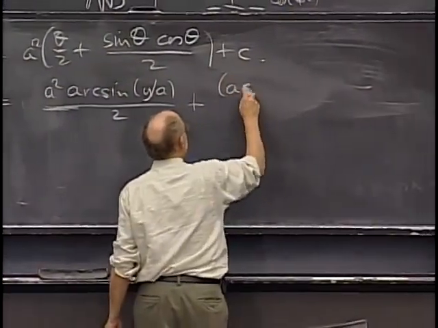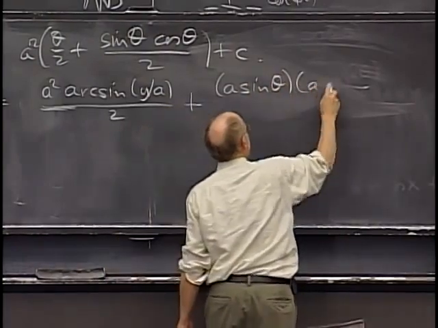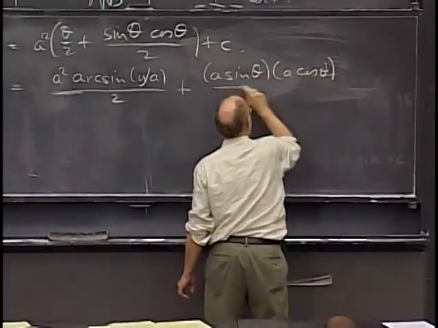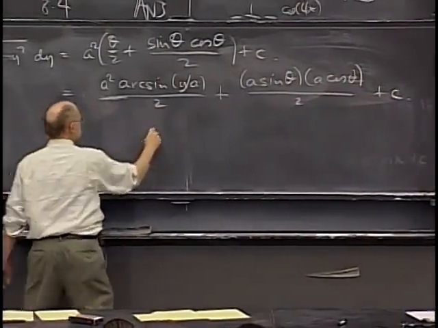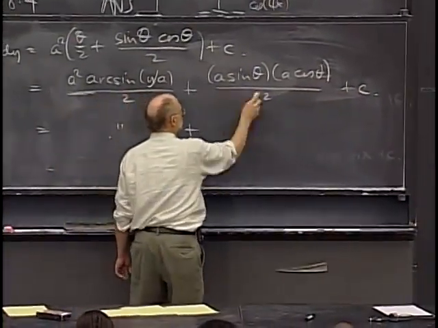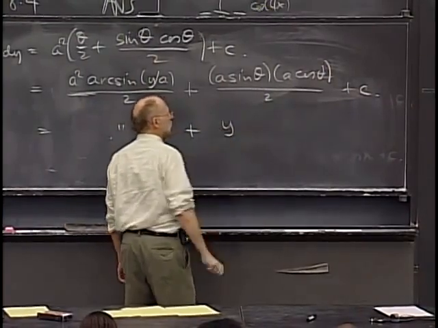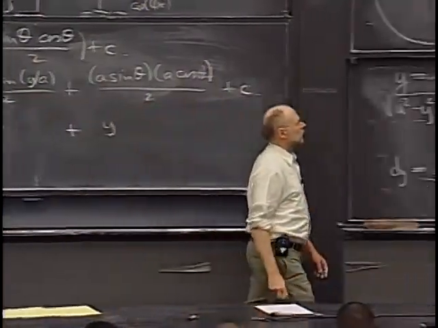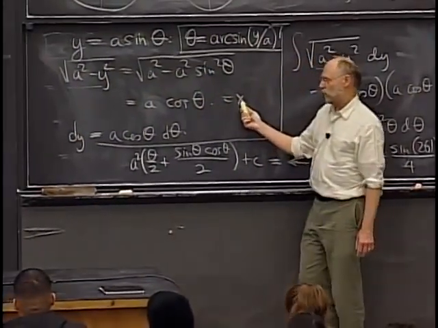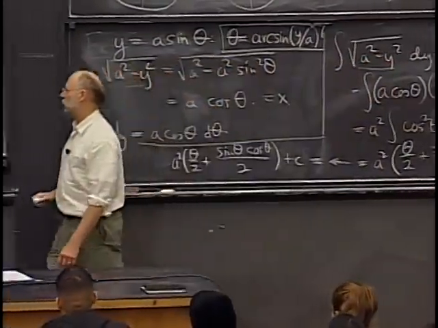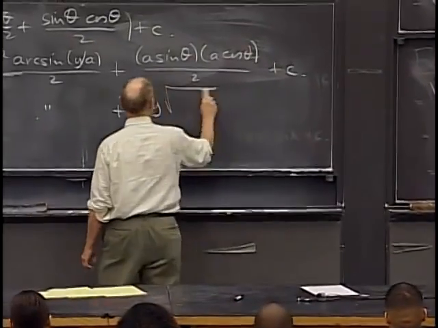Maybe I'll write this as a sine of theta times a cosine of theta over 2 plus c. And now here, a sine of theta, that's y. And what's a times the cosine of theta? It's x, or if you like, it's the square root of a squared minus y squared.